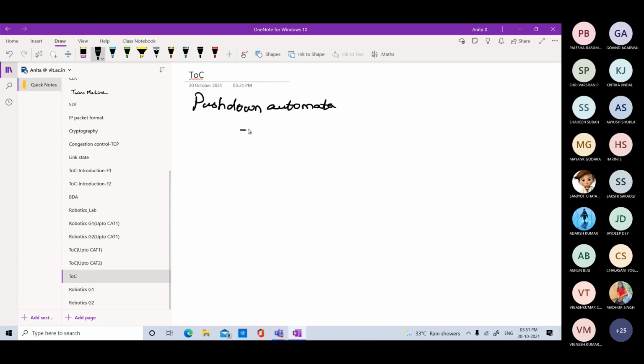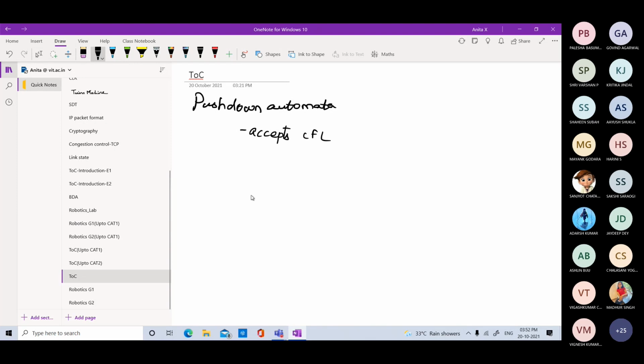So this push-down automata accepts context-free languages. In the finite automata, only the current state is known.